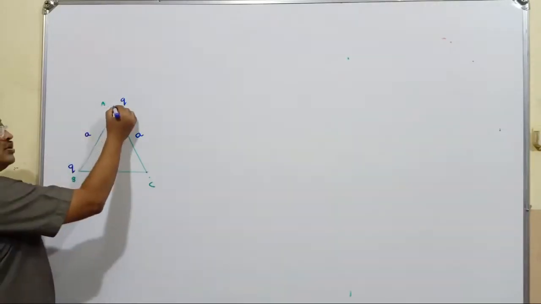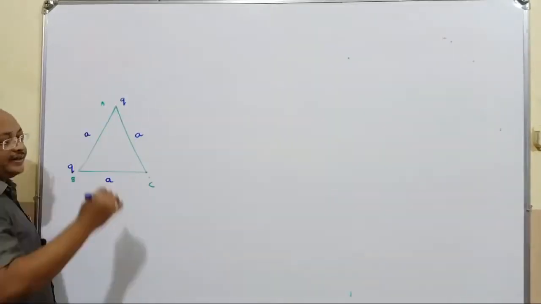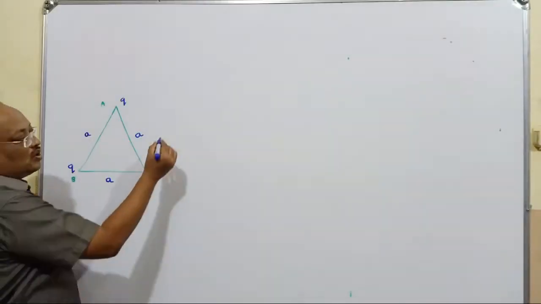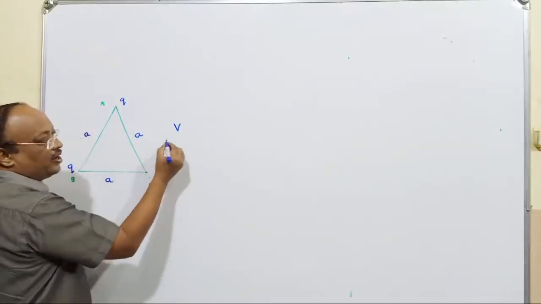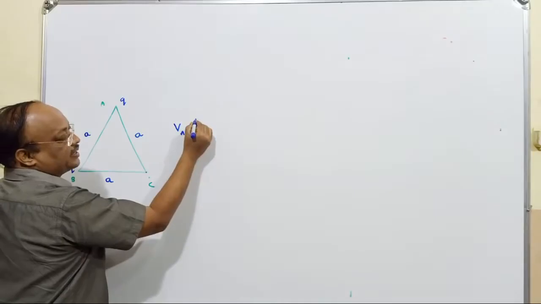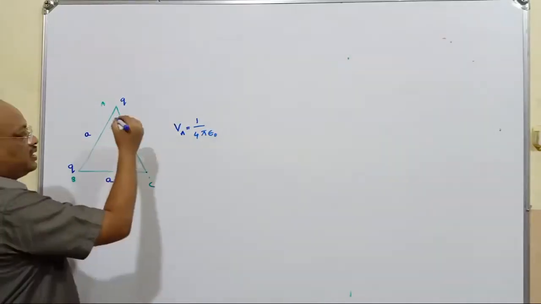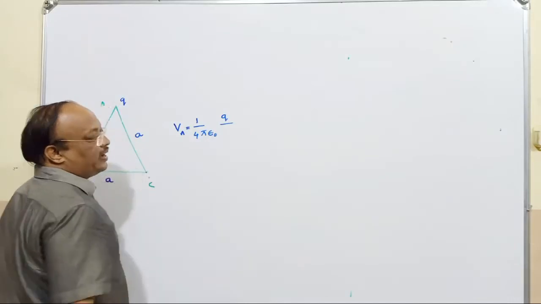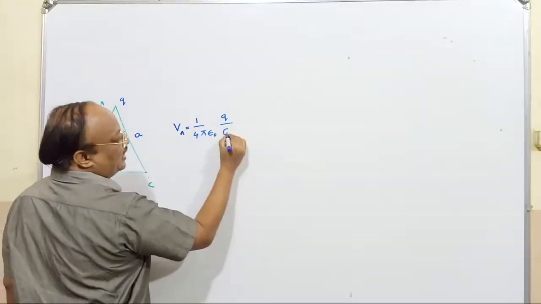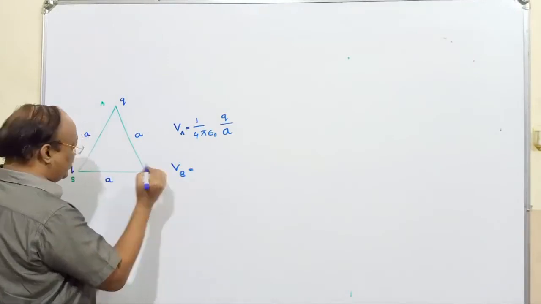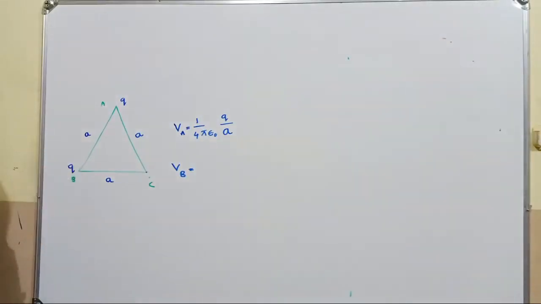Okay. So this charge Q, which is at A, is at a distance of A from C. So potential at C due to A is 1 by 4 pi epsilon naught, charge is Q divided by the separation A. Because of this charge Q which is placed at B, what is the potential at C?